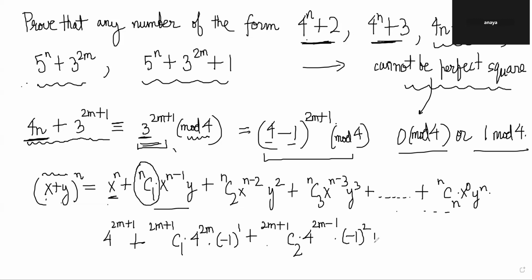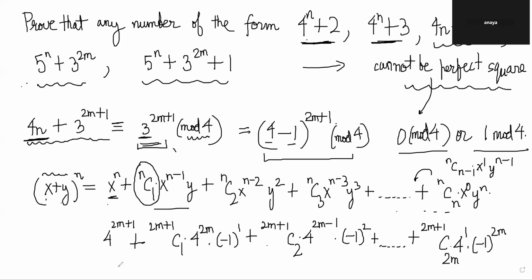And like this, it will go on till the second last term. Just before the last term would have been nC(n minus 1), x power 1, y power n minus 1, right? So it will be (2m+1)C(2m), and it would be 4 power 1 and (minus 1) power 2m, right?